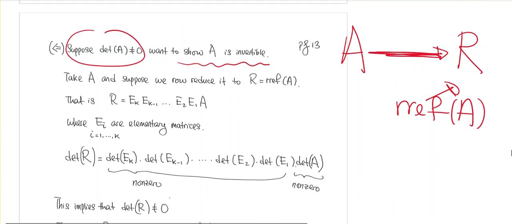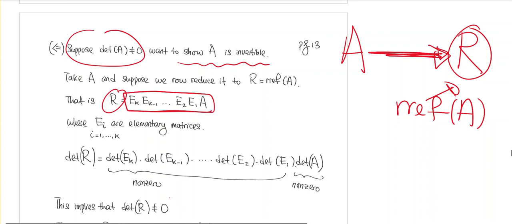We are row reducing it all the way to the RREF of A, which we call R. As we discussed before, it is equivalent to saying that there exist elementary matrices such that R is equal to the product of all these matrices. Okay, I'm not saying that this is I yet, I'm just saying that this is a reduced row echelon form of A.